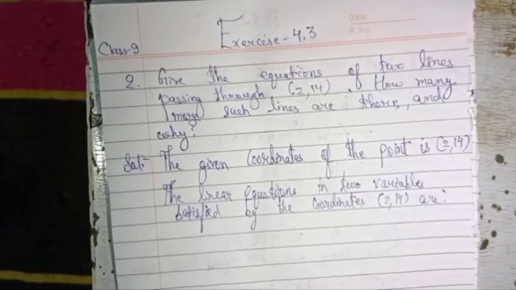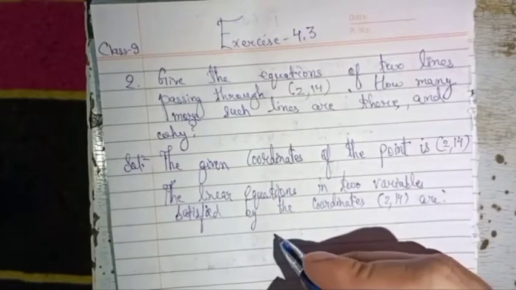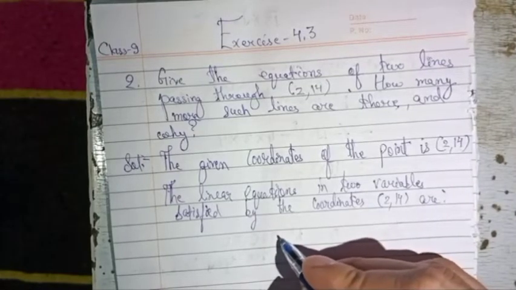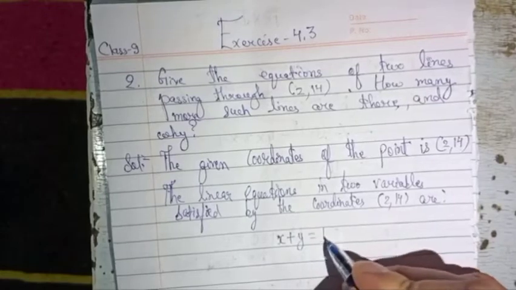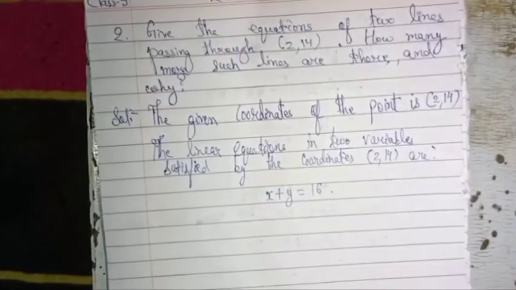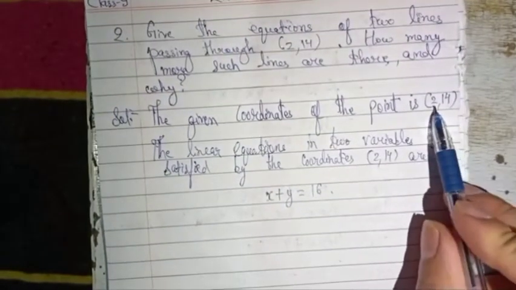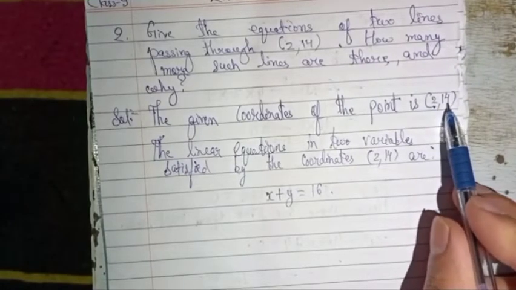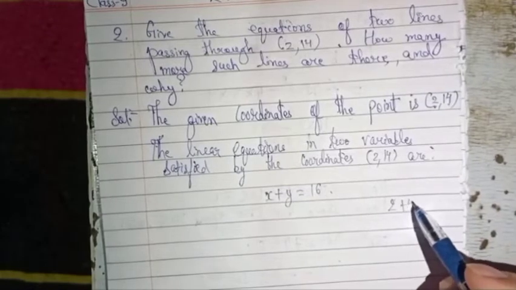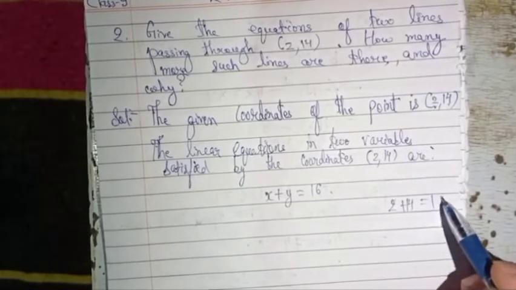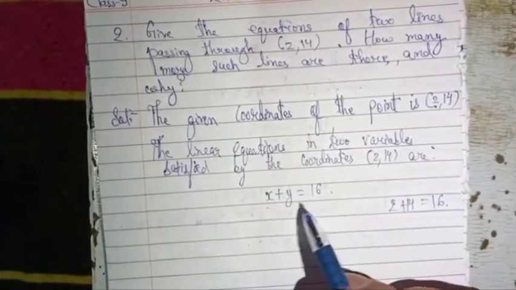So the first equation we can write as x plus y is equal to 16. It is clear that the value of x is 2 and y is 14. So when you put the values, you will get 2 plus 14, and 2 plus 14 is 16. So this equation is satisfied here.